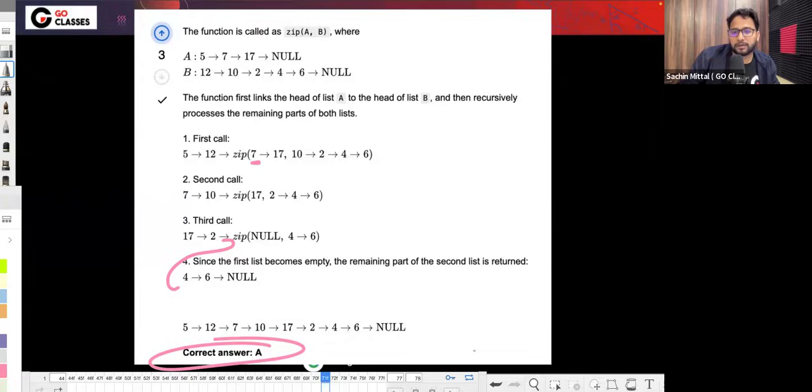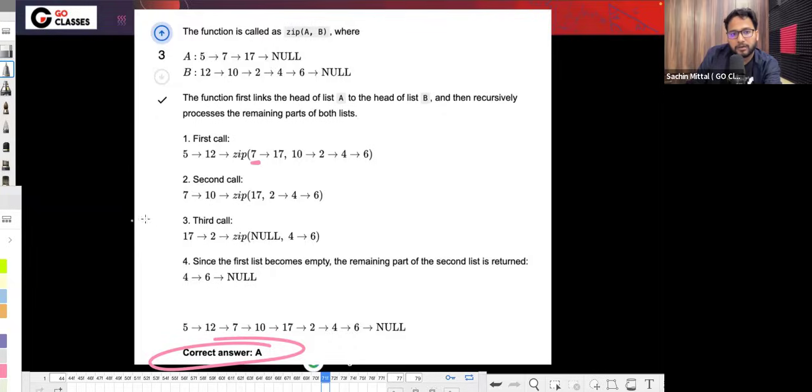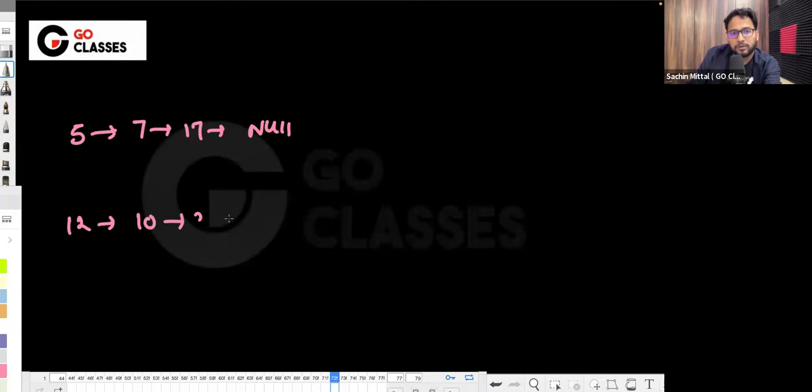Let me quickly tell you how it is happening as a recursion. I think the idea is conveyed, but still let me show it. This is 5 7 17 null, and then this is 12 10 2 4 6 null.